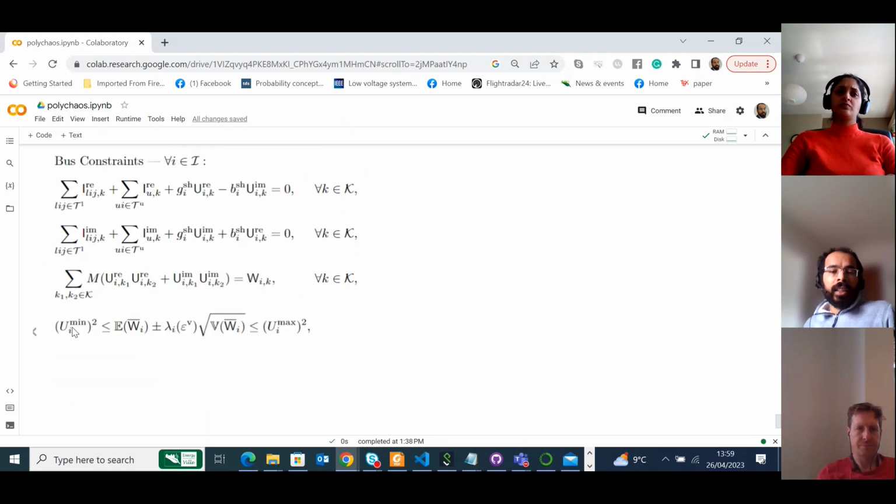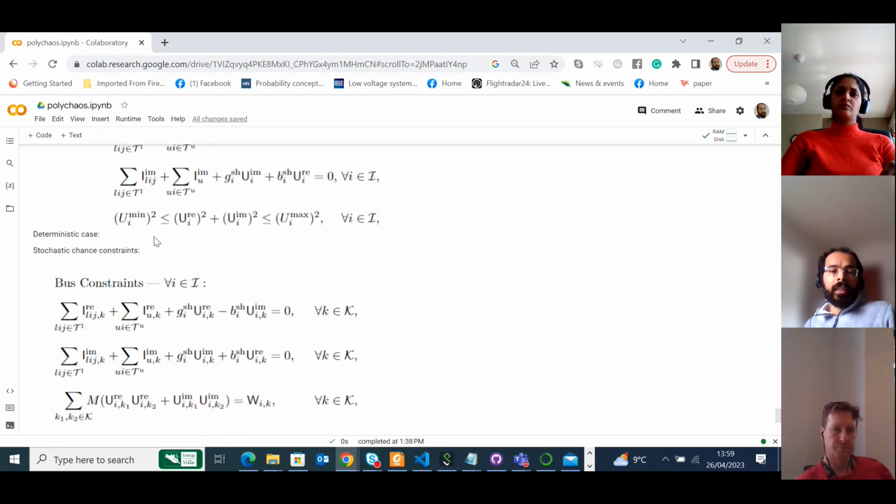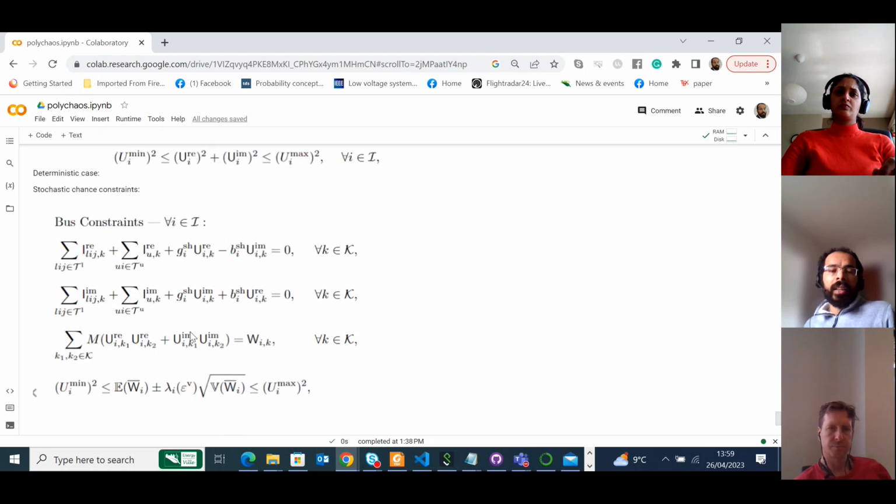And finally, we have this chance constraint. Instead of bounding the actual individual voltage, on the square of the voltage we apply the chance constraint, saying this square of voltage can go up to 5% away from the limit or something like that.